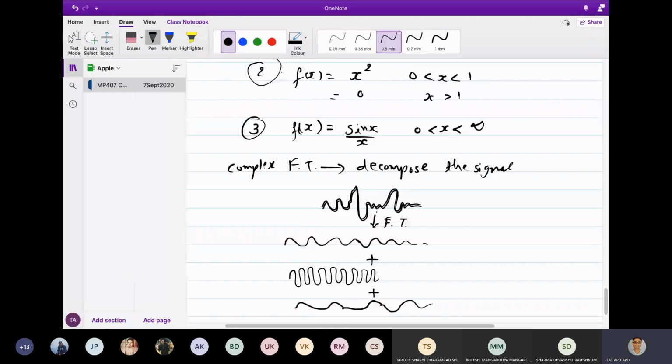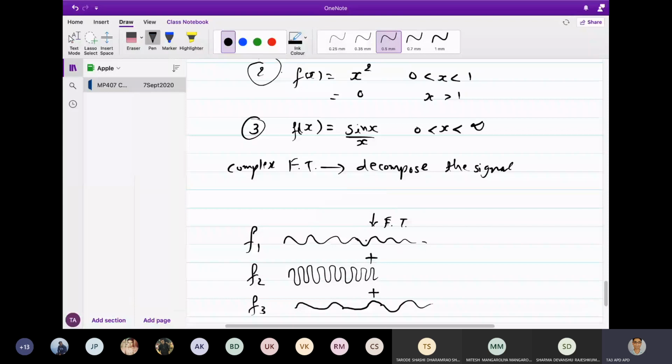Because these waves have a combination of multiple waves with different frequencies superimposed on each other, and we want to identify these frequencies, f1, f2, f3, f4, all the waves. So they can be decomposed with the help of the Fourier transform. Okay, so that we shall see tomorrow by observing one video.